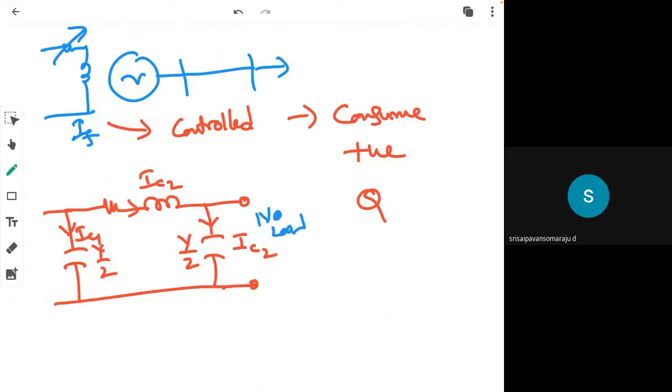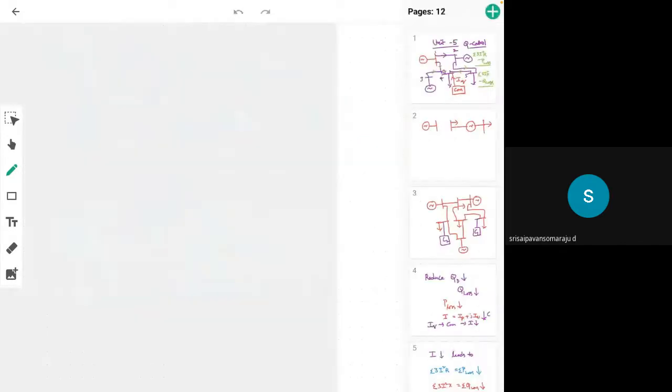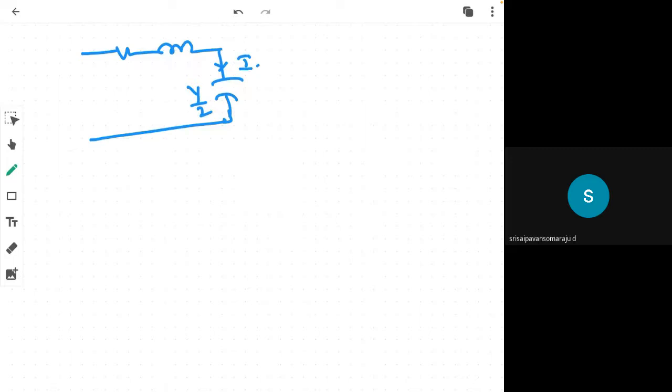This is the current flowing through the resistance and reactance of the line. I'll remove the sending end admittance y by 2, so I can write IC, R and X. This is Vs and this is VR.